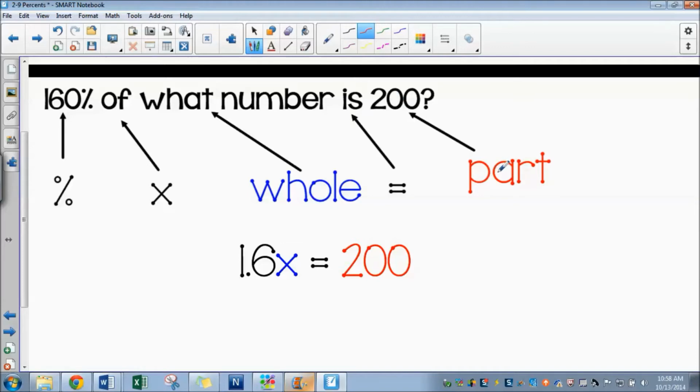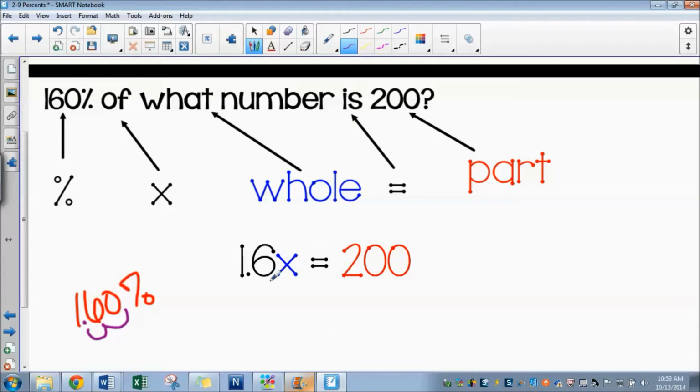So it's like translating equations that we did earlier in the year. Put that together, the percentage times the whole, so it's 1.6. That's because 160%, you take the decimal, you move it over 2 spots, so it is 1.6 times the whole number. That's going to be x, the part that we don't know, because it says what number. And instead of putting a multiplication sign, we're just putting those back to back, equals the part, 200. Now I can go about solving that by trying to isolate my variable.